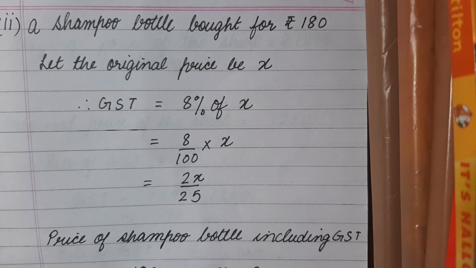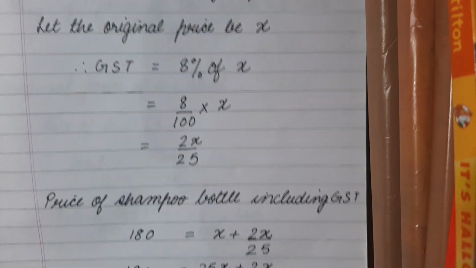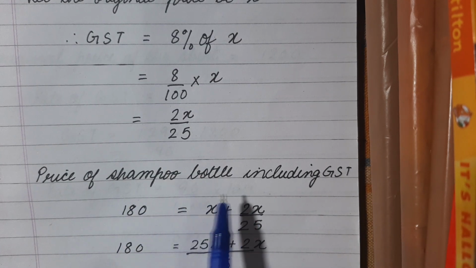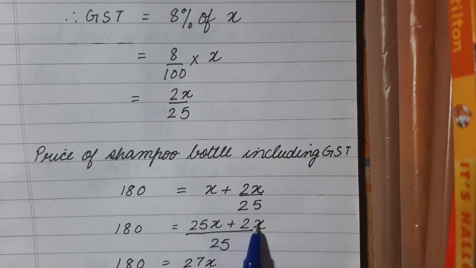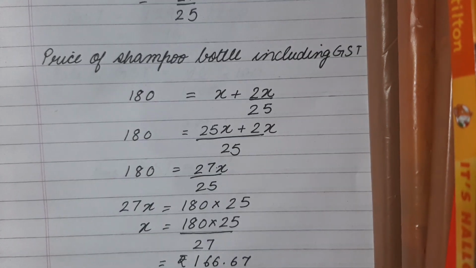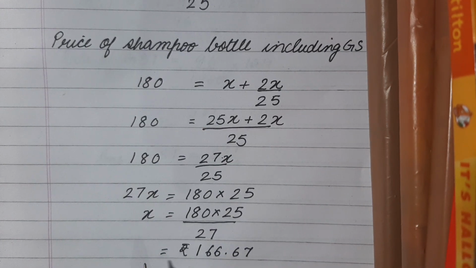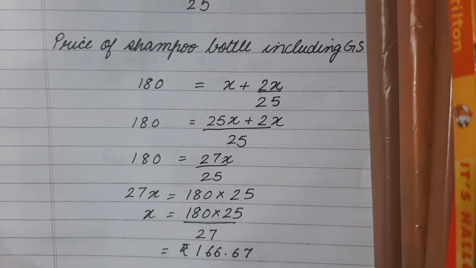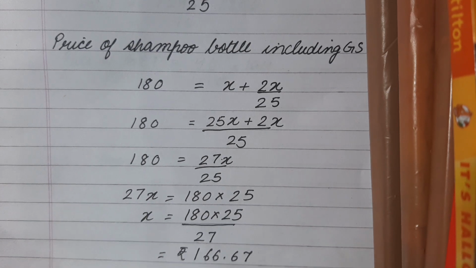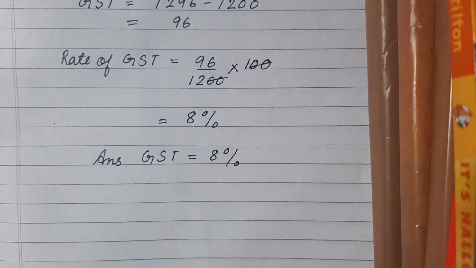The price including GST is 180, equal to X plus 2X upon 25. When we solve it, we get X equal to 166.67, the original price.